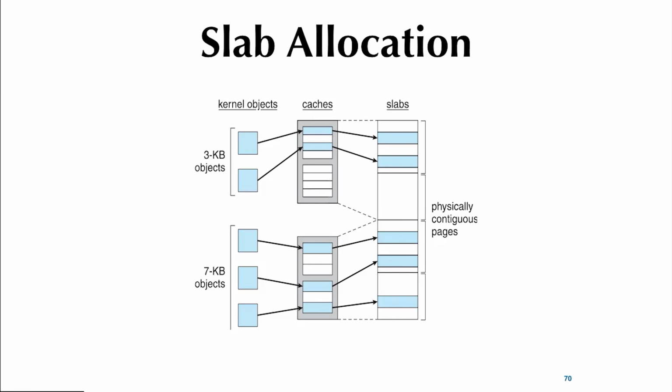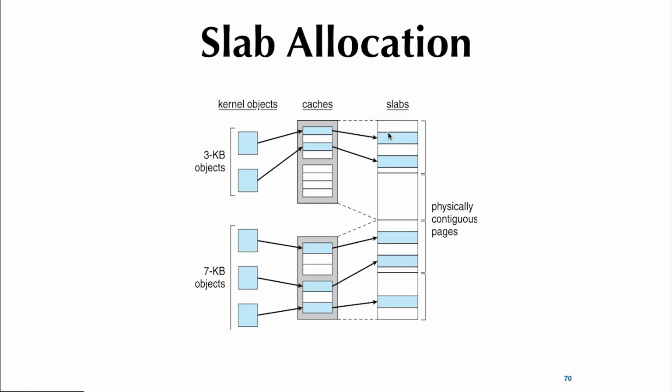Okay, so this is a way to visualize this. You have these slabs, and the cache can contain one or more slabs, and each slab is a contiguous chunk of page-multiple memory. The cache keeps track of which slabs it has, and the kernel objects fit in at least one.